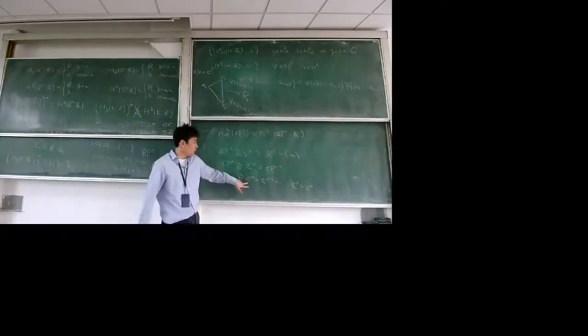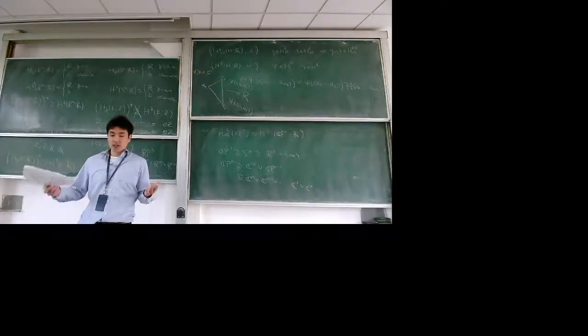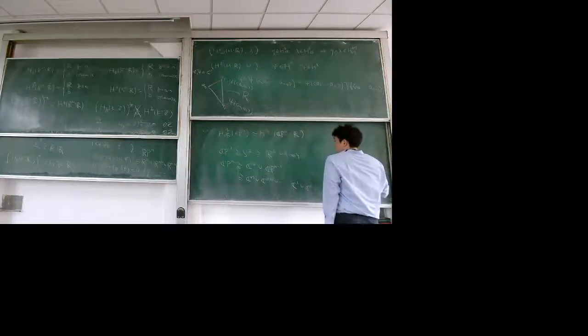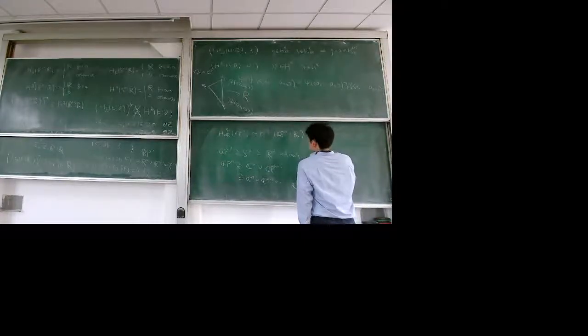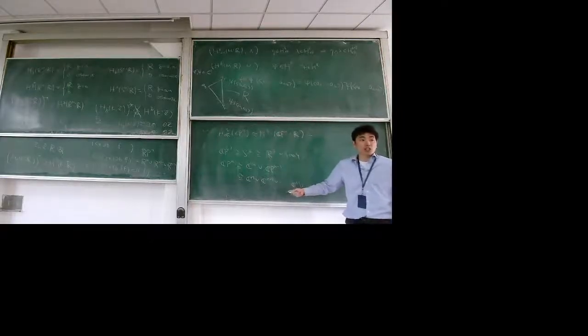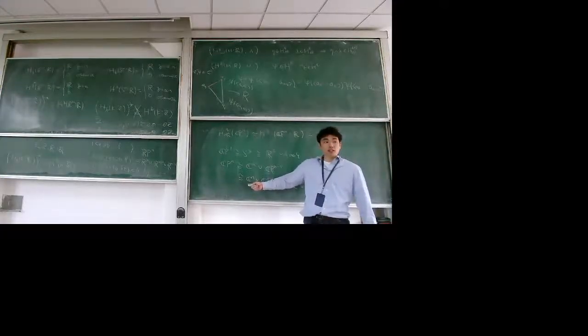And indeed, CP^n is an oriented compact manifold. Therefore each piece will give you a homology element.